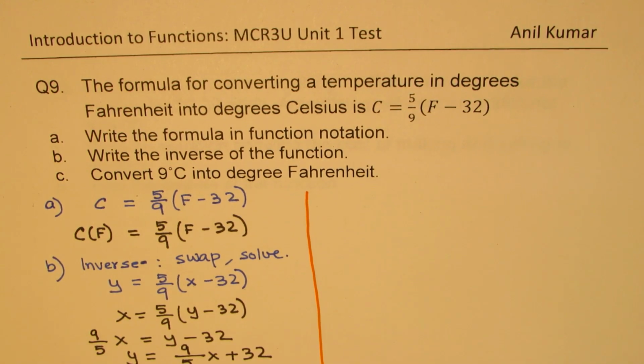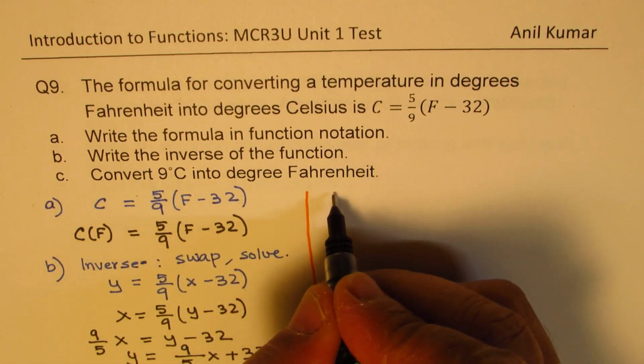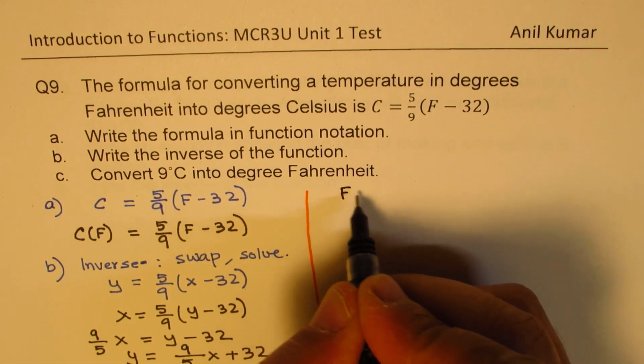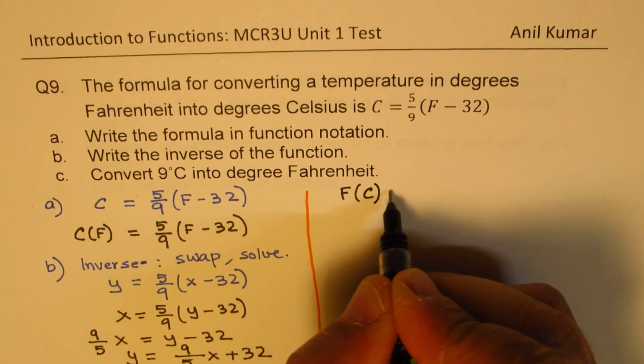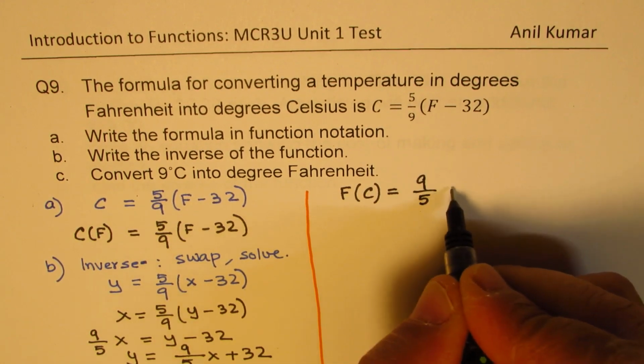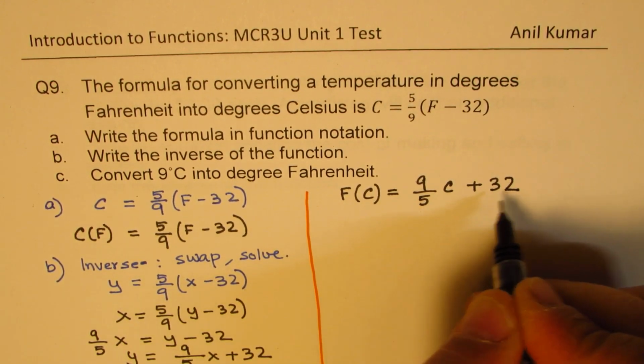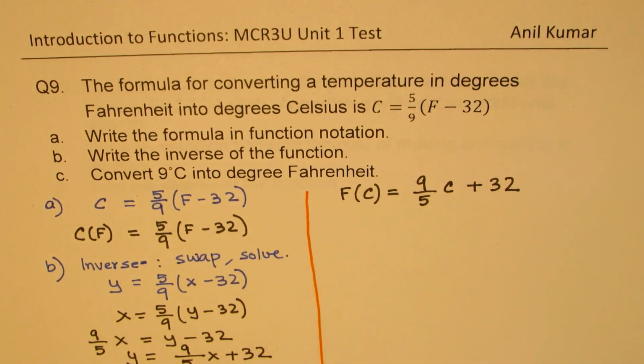What we have done here is we have written Fahrenheit in terms of Celsius. So we'll write this answer as F(C) equals 9 over 5 C plus 32. That becomes the solution for part B. Do you see that idea? So that is what we did.